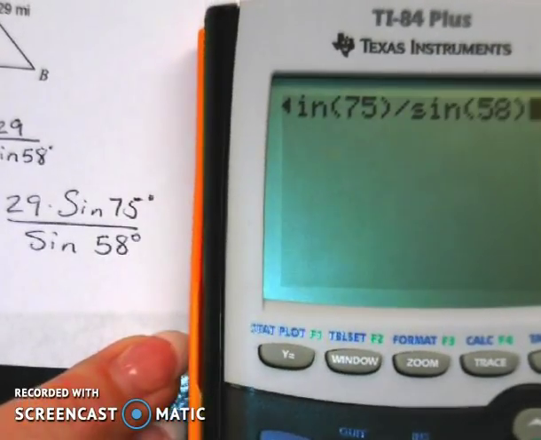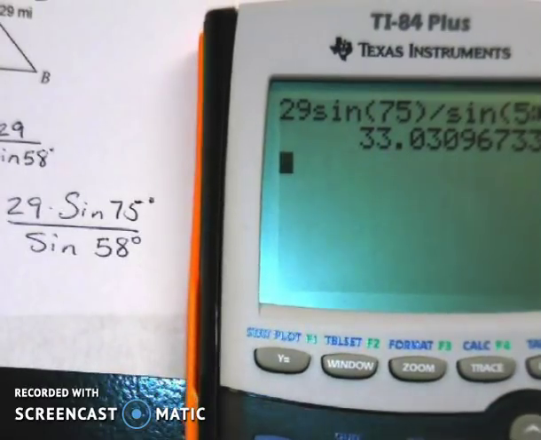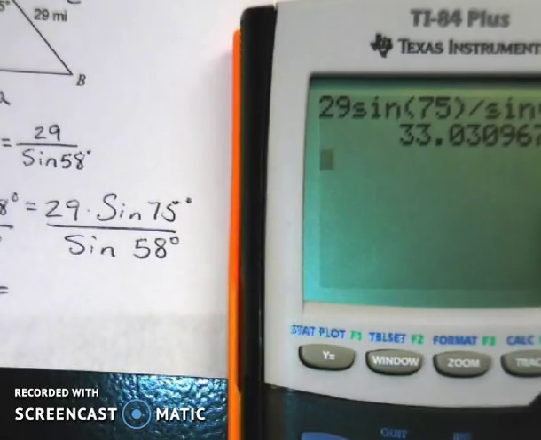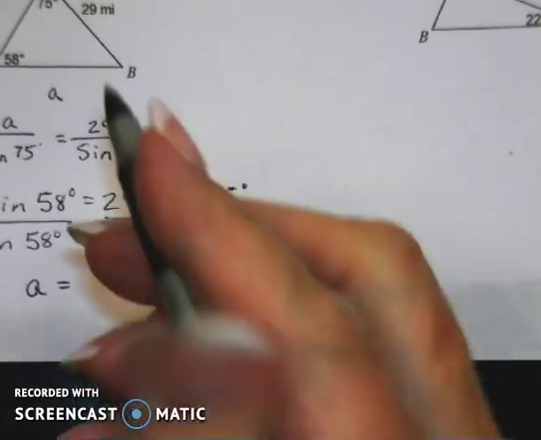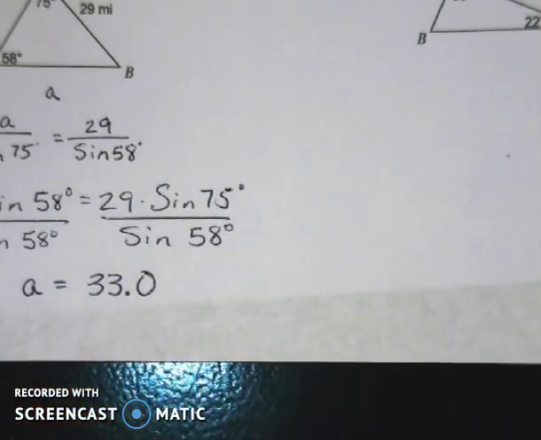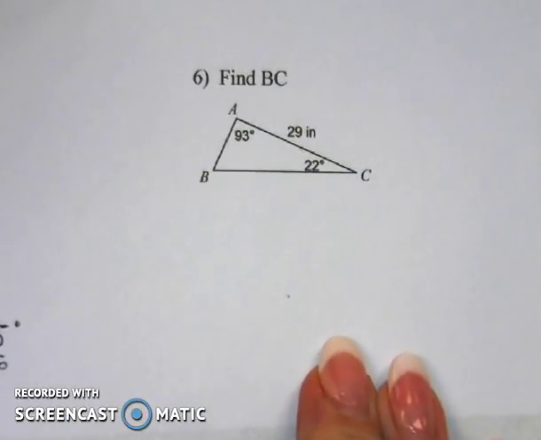Yep, it's all there. Press enter. And my answer is 33.03. Well, if I'm only needing 1 decimal place, that's going to be 33.0. I think I've got time to do one more, so let's do one more of these.